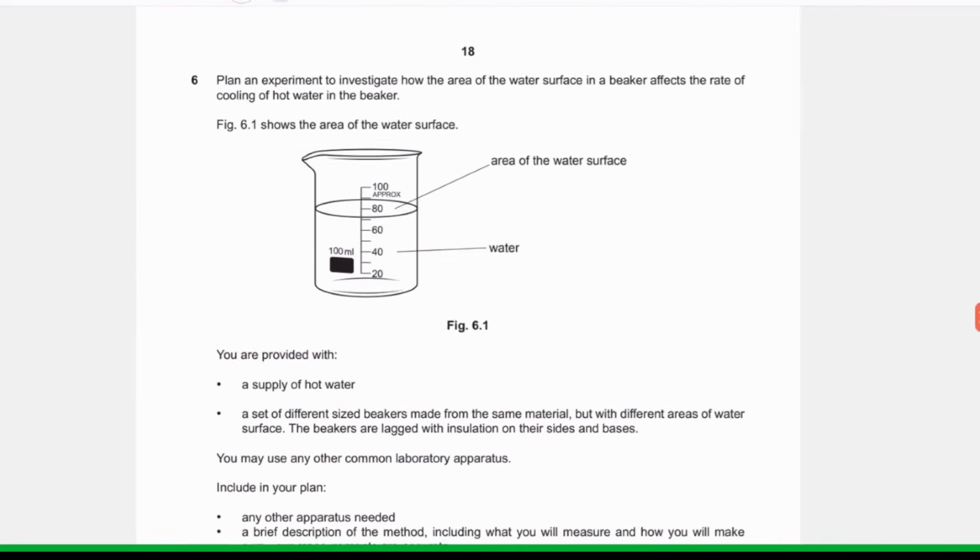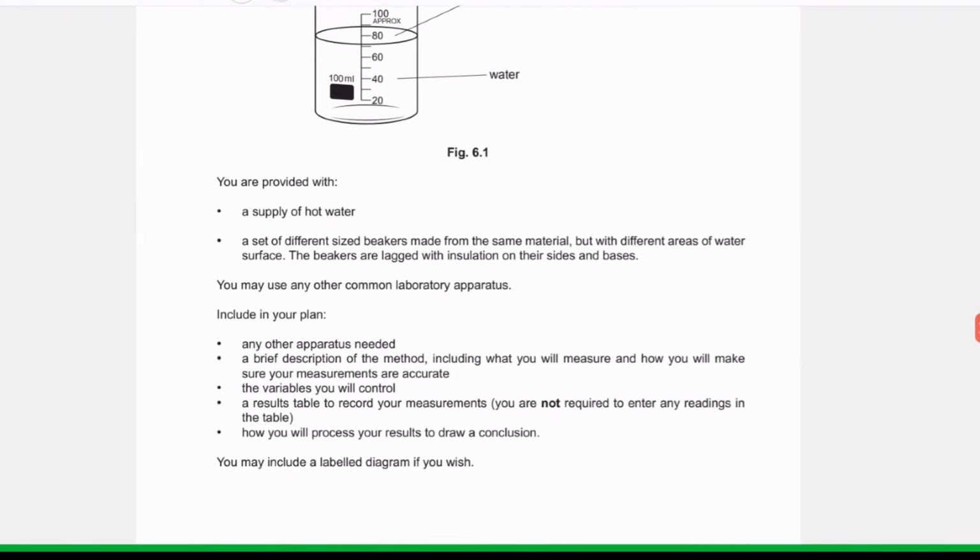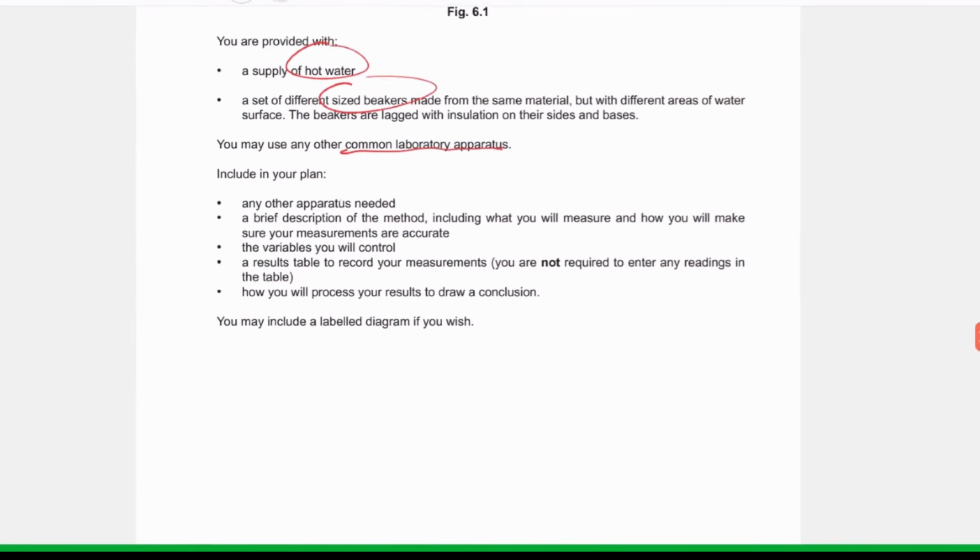Next one will be on chemistry, on the effect of surface area of a beaker on the rate of cooling of hot water. You'll be given supply of hot water, different size beakers, and other common laboratory apparatus. You need to again mention the other apparatus you'll need, the method, and measurements, control variables, a table in this case, as well as a conclusion.